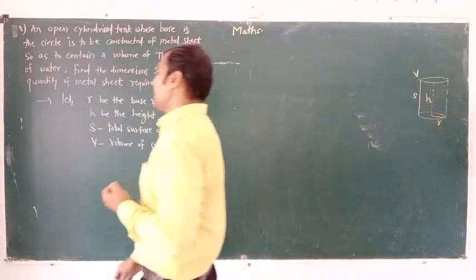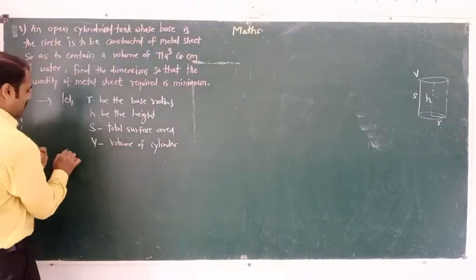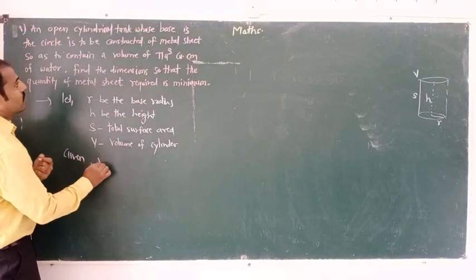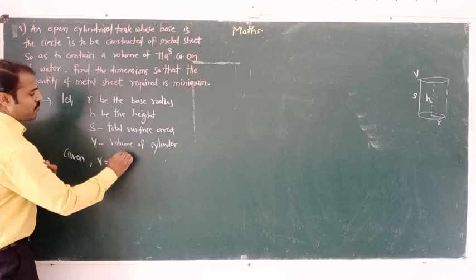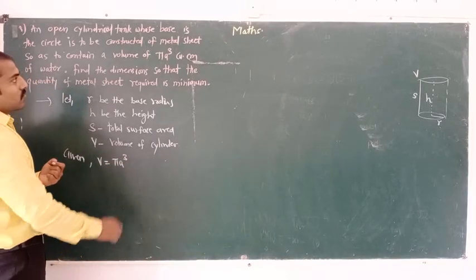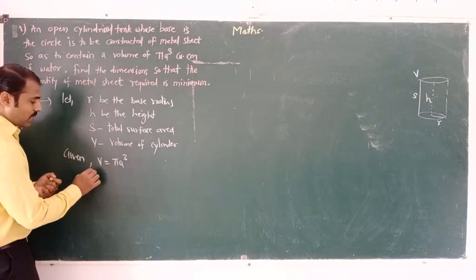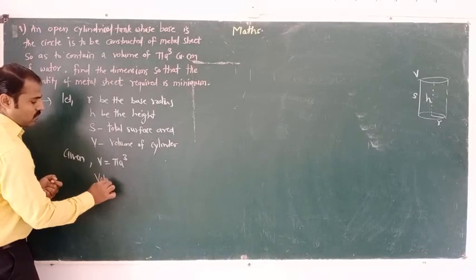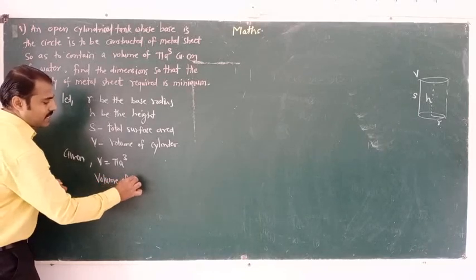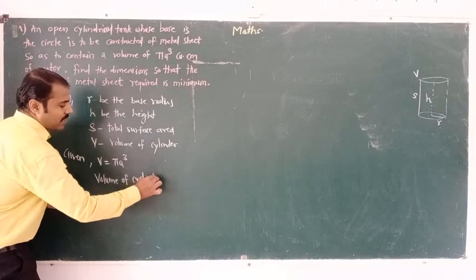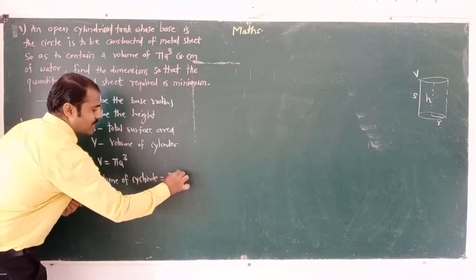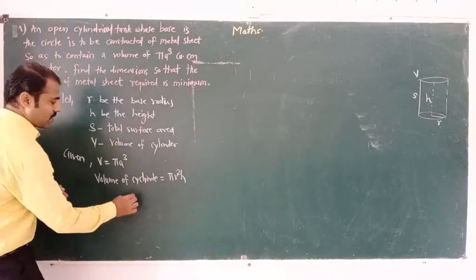Now, what is given here? Given volume V is equal to pi a cube. But we know that volume of cylinder is equal to pi r square h.